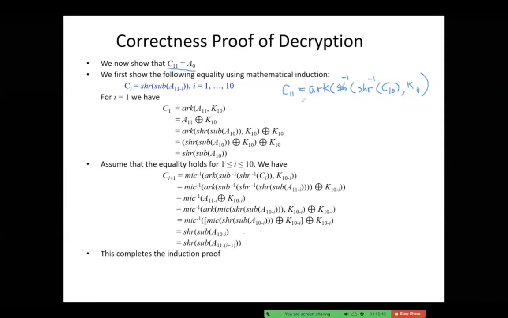So now C10, assuming this is true, we know this is equal to shift row and then substitute bytes, A11 minus 10, so then that's A1. So let me put it here, A1.